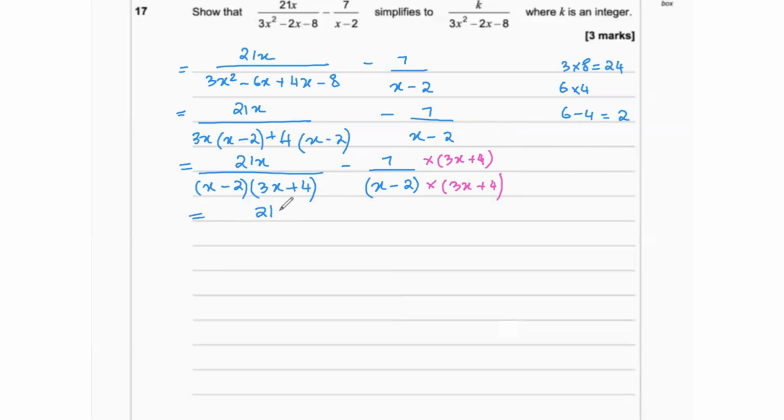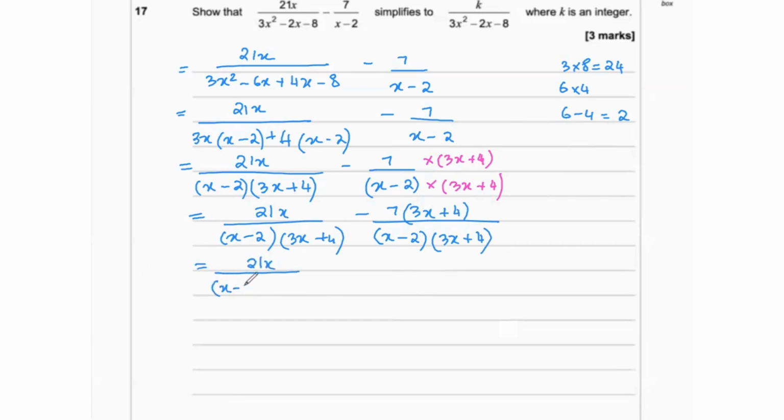That's going to be 21x over x minus 2 times 3x plus 4, minus 7 times 3x plus 4 over x minus 2 times 3x plus 4. So that is going to give us negative 21x, negative 28.